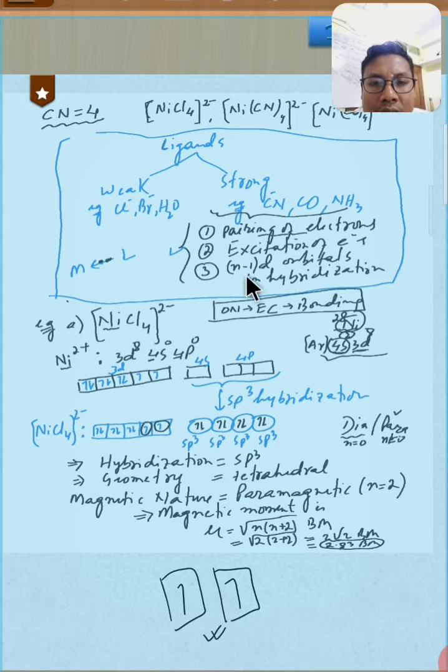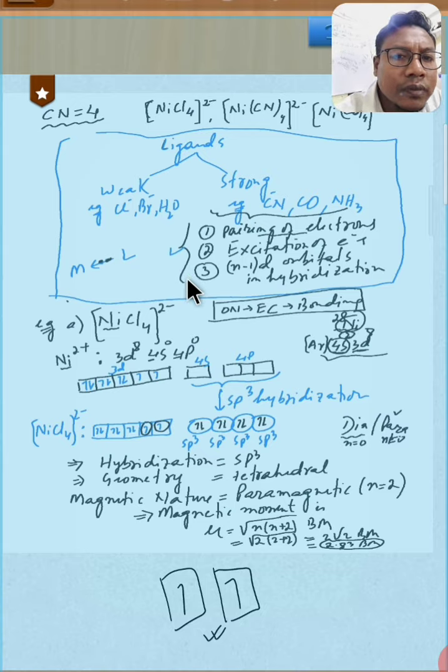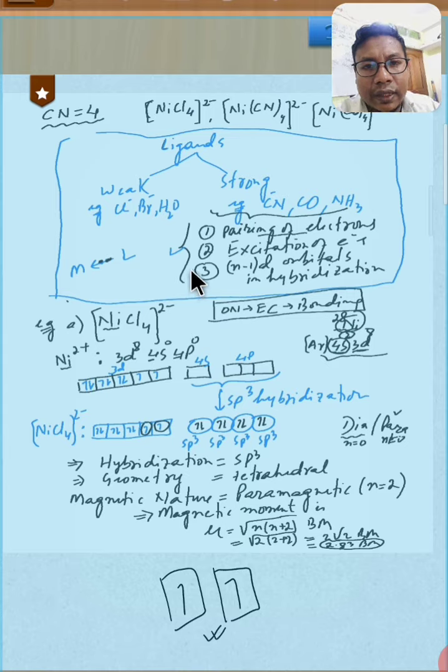In fact, by valence bond theory we cannot classify ligands according to their strengths. We are just using the strength of ligand from crystal field theory. With these functions of strong ligands, we can easily explain the valence bond theory.